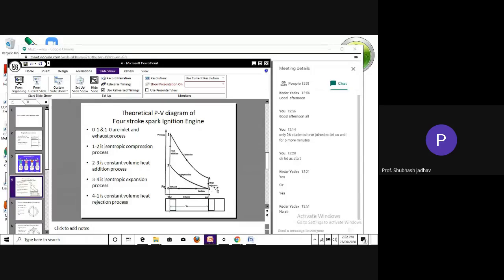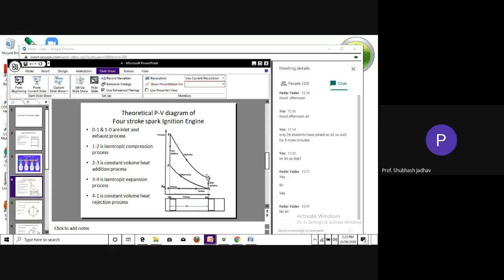Because now suddenly we are opening the valve, and due to the opening of the valve, this pressure is going to be reduced to atmospheric. So in order to account for that, we have added one imaginary process, which is the heat rejection process, and brought the curve from 4 to 1. But remember, in the actual process, there is nothing like a 4 to 1 process or heat rejection process actually happening inside the combustion chamber of an IC engine.